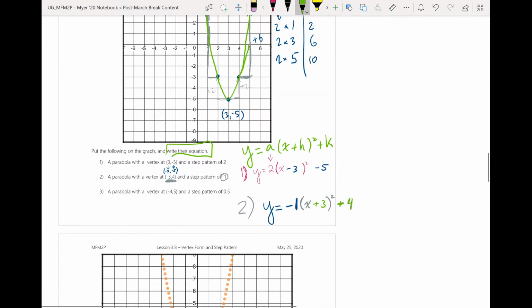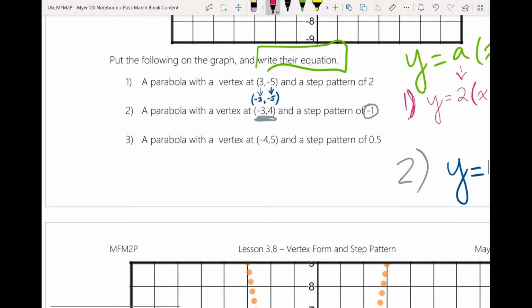And let's look at the last one here. So we have a step pattern. It's a little bit different this time because it's a decimal, but that doesn't change anything really. So we're going to go y equals 0.5.